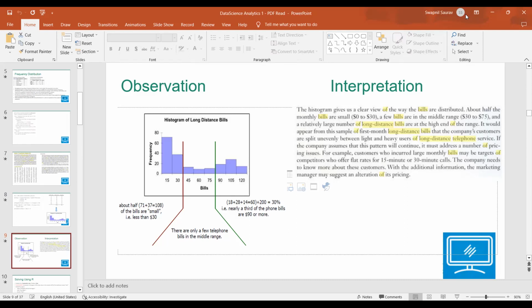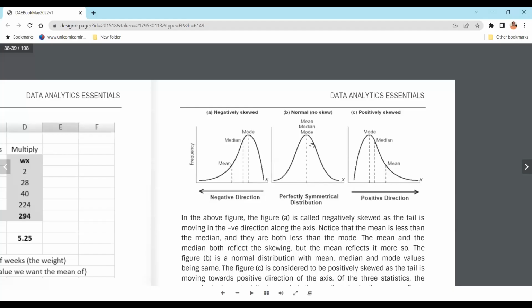Now let's go back to our theory discussion. So we said that we look at the middle one. I'll talk about the other two in some time. So you have this normal graph which has mean, median, mode. As you go further away, the count decreases in the normal situation. Let's say you talk about the height of a person. You'll find more people around average height.